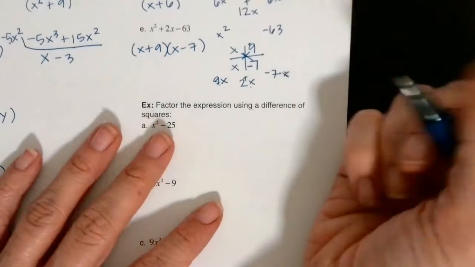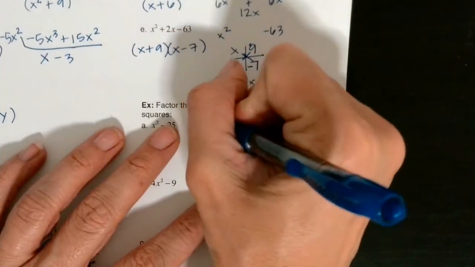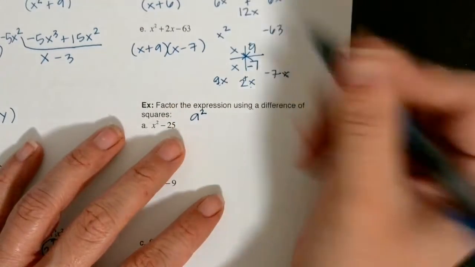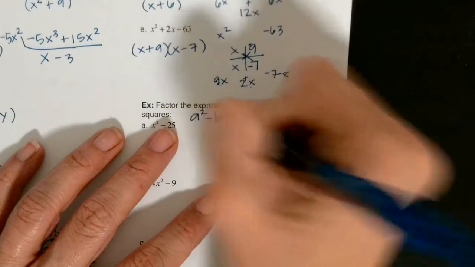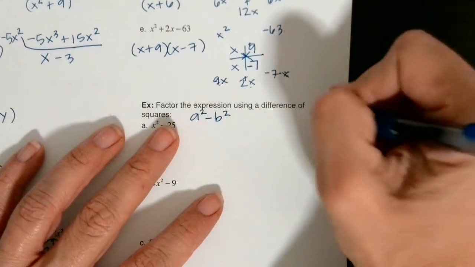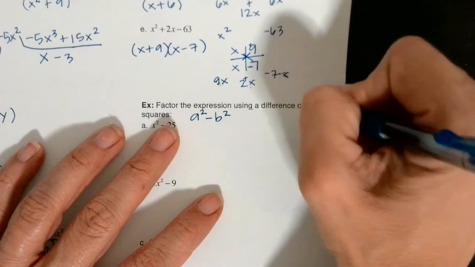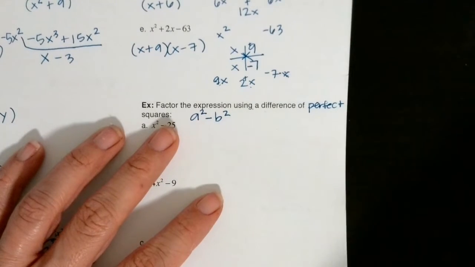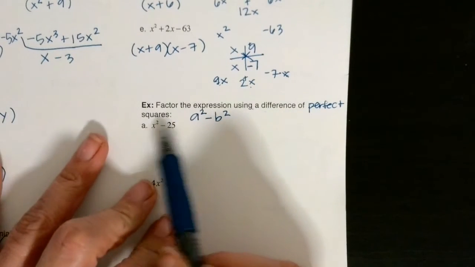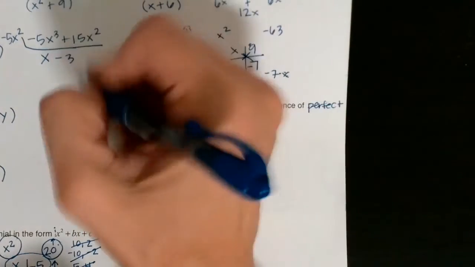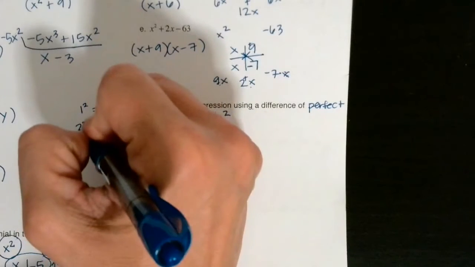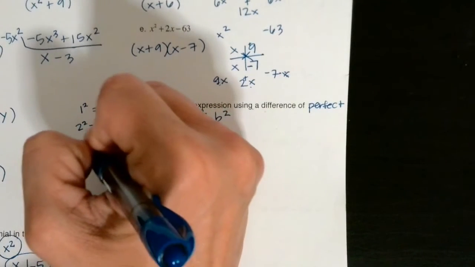And a difference of squares says this: if you have a perfect square, like a squared, and you subtract b squared, so a difference of perfect squares, that just means like 25, 9, 16. If you want to make a list of your perfect squares, 1 squared is 1, 2 squared is 4, 3 squared is 9.